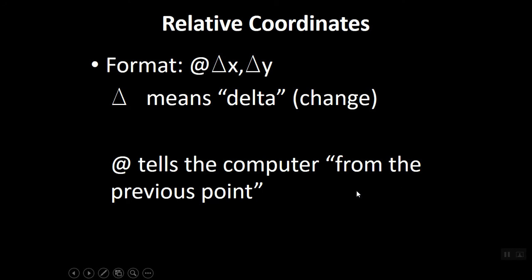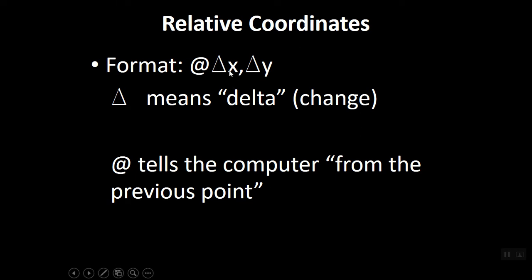The format of absolute was x comma y, right? You tell it where the point is in the x direction and then where the point is in the y direction. And that was nice and easy. Well, relative coordinates are going to be a little bit different. What we're going to do is assign an absolute coordinate for our first point. But then after that first point, we're going to tell AutoCAD that we're going to describe how much it changes in x.